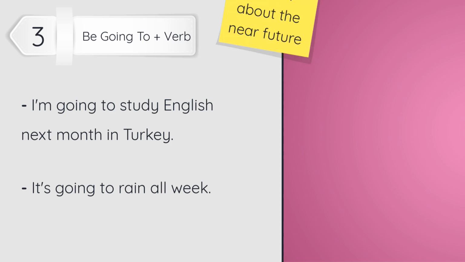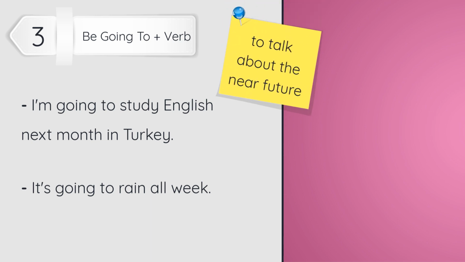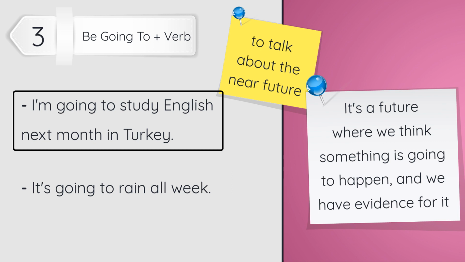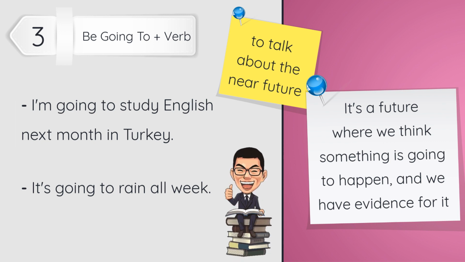So we use this when we are talking about the near future, similar to present continuous. So it's not a future that's very, very far away, but it's a future where we think something is going to happen and we have evidence that something is going to happen. So for example, I'm going to study English next month in Turkey.